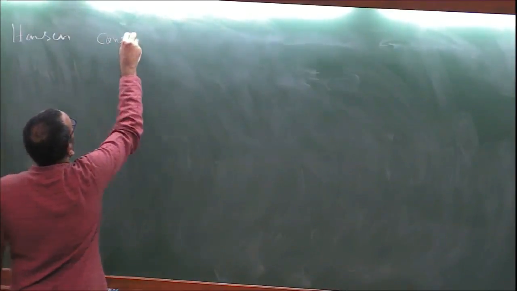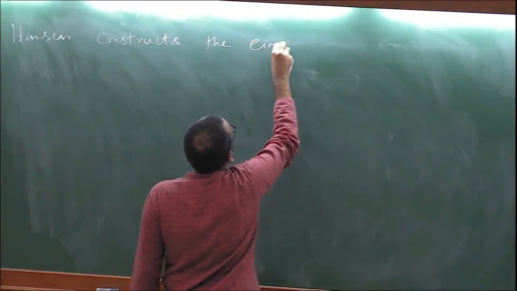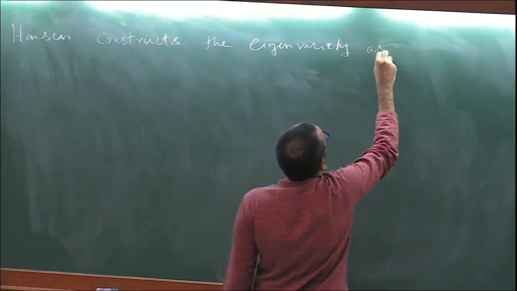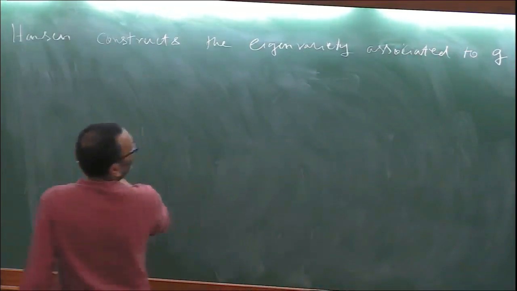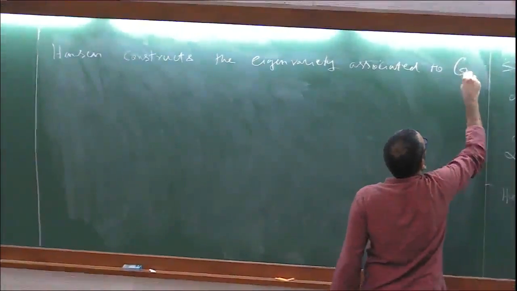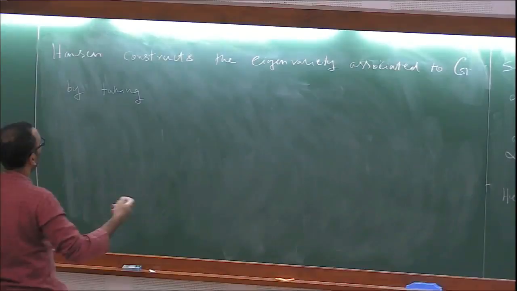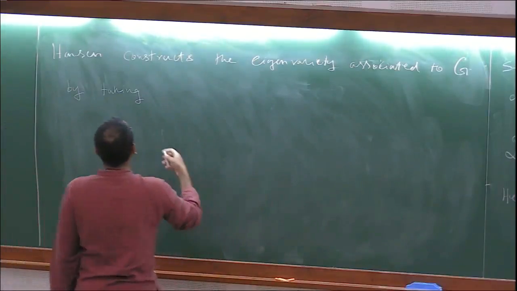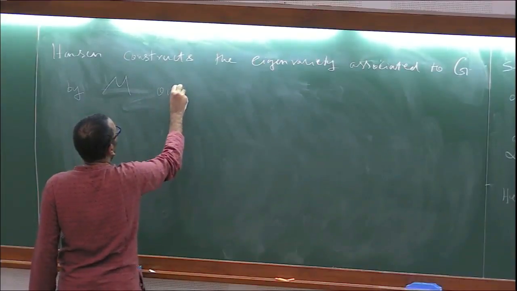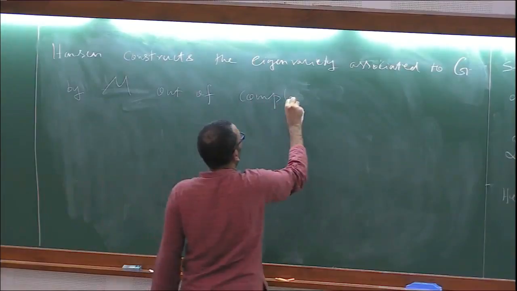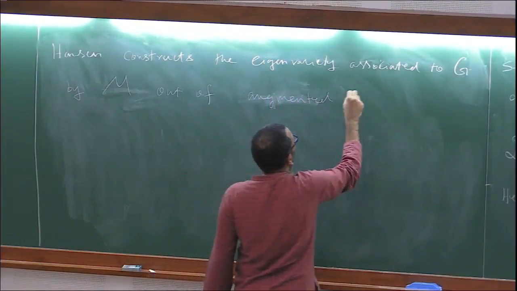So Hansen constructs... Also Emerton, I should mention Emerton, constructs the eigenvariety associated to a general reductive group G by taking your overconvergent modular symbols, sorry, the sheaf, by constructing M. So I'll just say that by constructing M out of complexes of augmented Borel-Serre complexes.